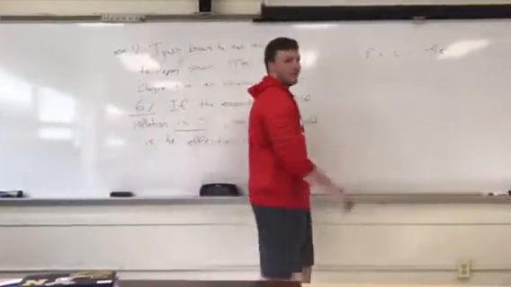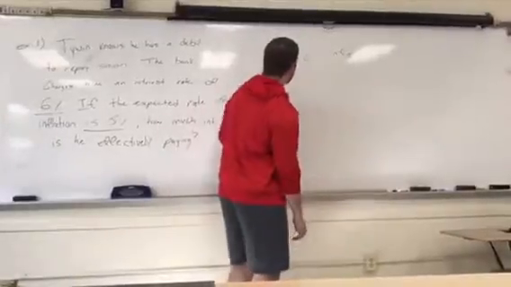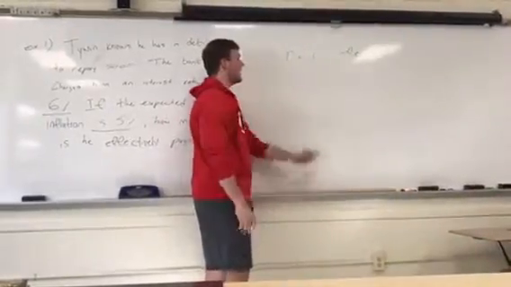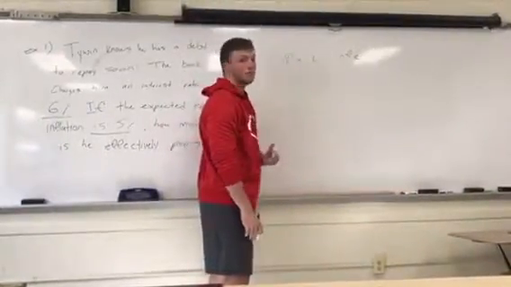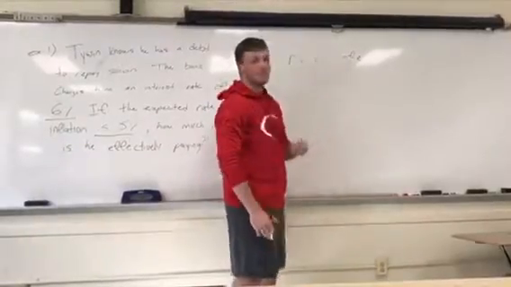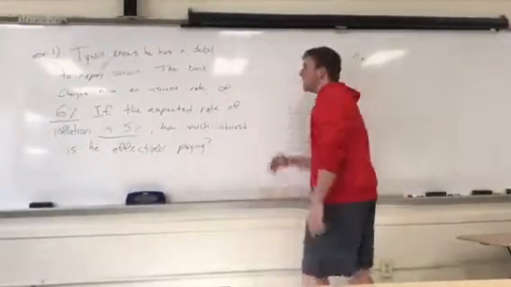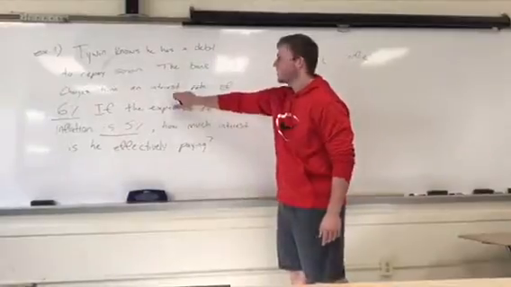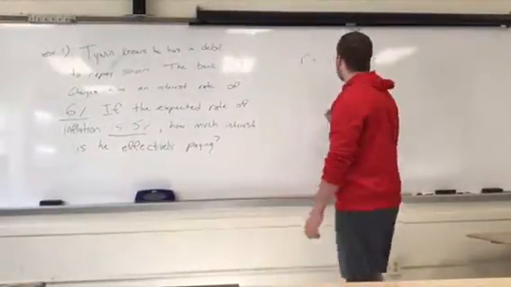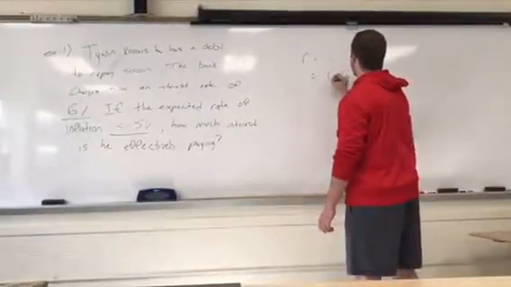So we're going to walk over here to our nice equation. We have real interest rate equals nominal interest rate minus the expected inflation. We know from over here that the nominal interest rate is 6%.